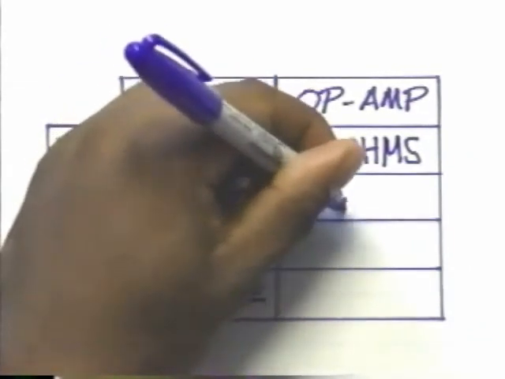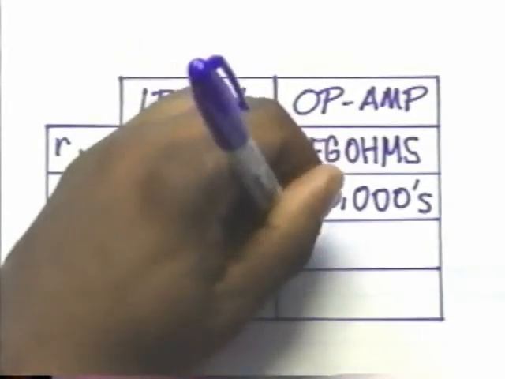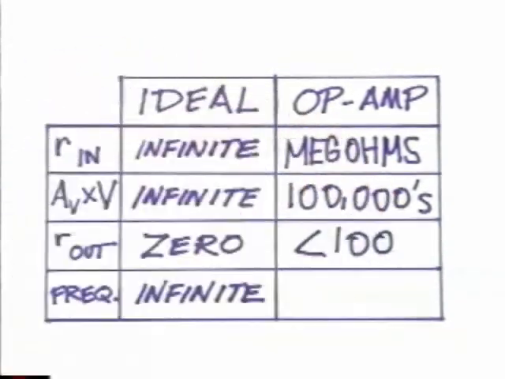The ideal amplifier would have an infinite voltage gain. The op-amp typically has a gain that multiplies the signal by hundreds of thousands. The output resistance of the typical op-amp is often under 100 ohms. This comes relatively close to the ideal output resistance of 0 ohms when compared to most load resistors to which it would be connected.